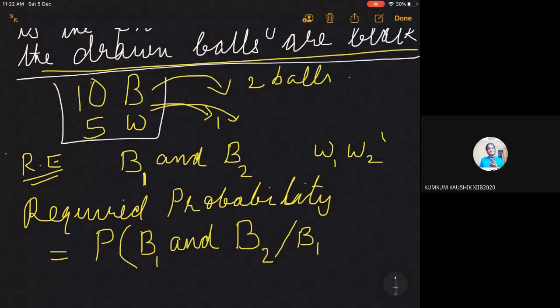The first ball is drawn with the right hand, and the second ball from the left hand, with the condition that the first ball drawn is black, because we are not putting it back.